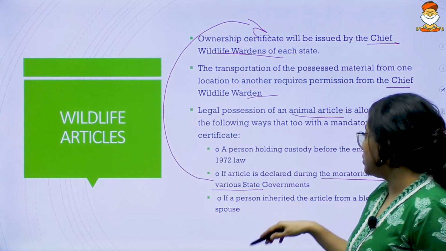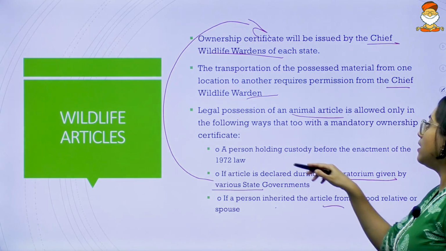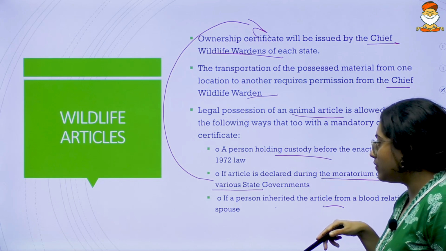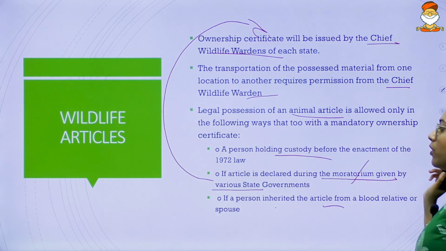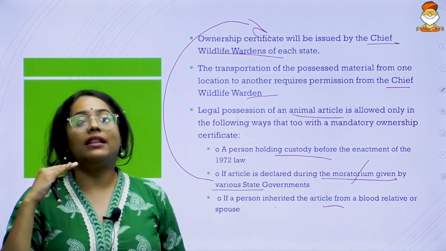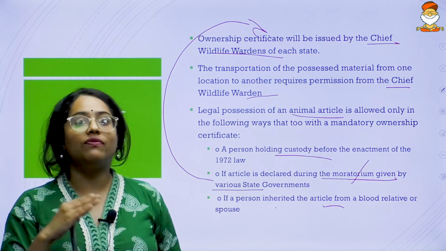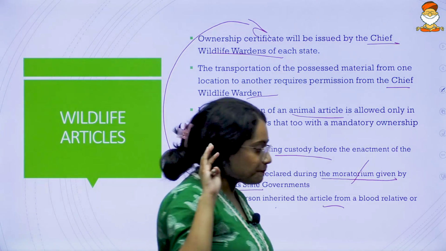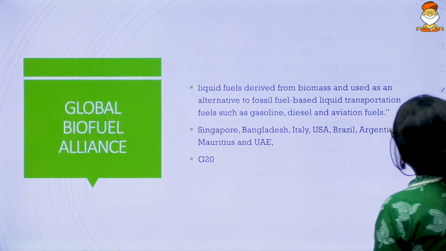So remember all of this. If a person inherited the article, or held custody before the 1972 law, or during the state moratoriums, in any of these cases, an ownership certificate is a must, and that has to be given by the Chief Wildlife Warden of the state. Keep this point in mind.